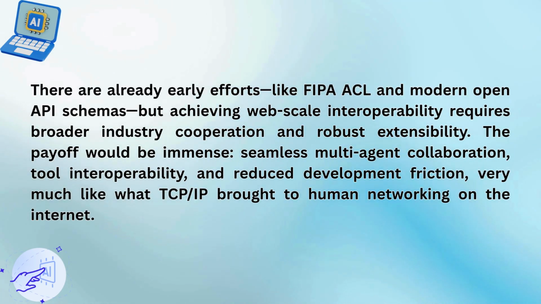There are already early efforts, like FIPA-ACL, and modern open API schemas, but achieving web-scale interoperability requires broader industry cooperation and robust extensibility. The payoff would be immense: seamless multi-agent collaboration, tool interoperability, and reduced development friction. Very much like what TCP/IP brought to human networking on the internet.